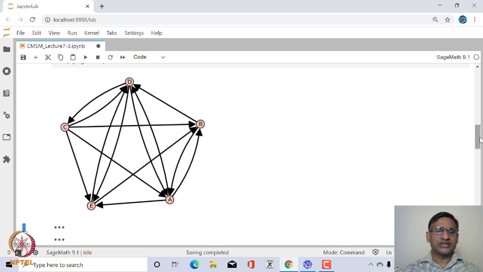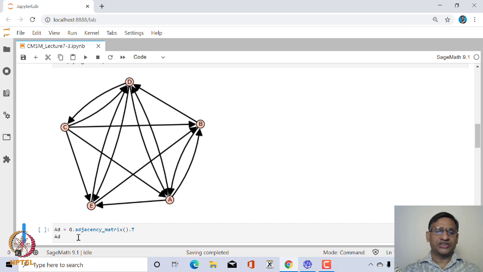Now, to this network you can assign a matrix of 0s and 1s. If there is a link from j to i, we can say that the a_ij-th entry of that matrix is 1, otherwise 0.